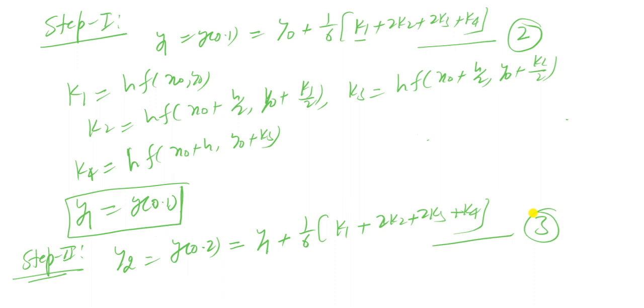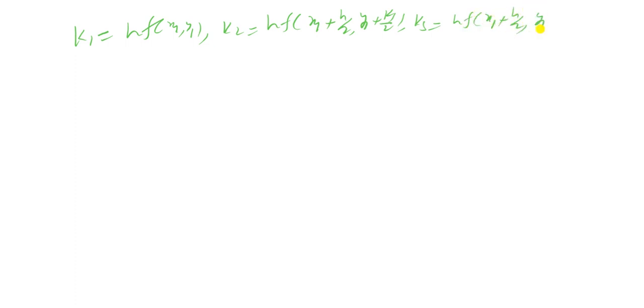Here, in the k1, k2, k3, k4 of step 1, x0 is replaced by x1 and y0 is replaced by y1. So k1 is h f(x1, y1), k2 is h f(x1 + h/2, y1 + k1/2), k3 is h f(x1 + h/2, y1 + k2/2), and k4 is h f(x1 + h, y1 + k3).